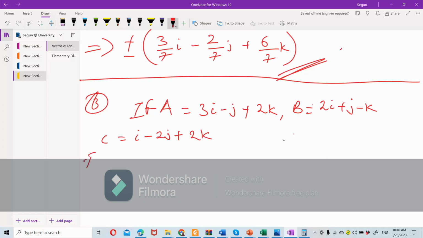The question says find A cross B cross C, B A cross B cross C.